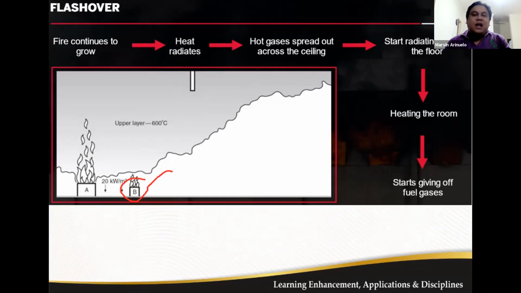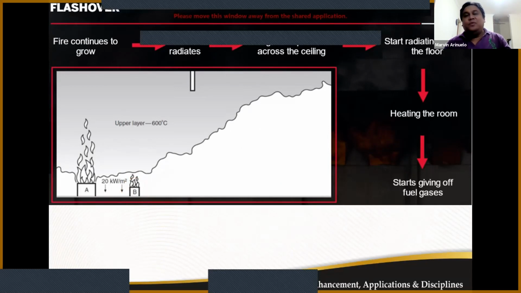This is probably enough for materials to burn at 20 kilowatts per square meter. So without physical contact with the fire, the smoke, or your ceiling jet, it will also burn.